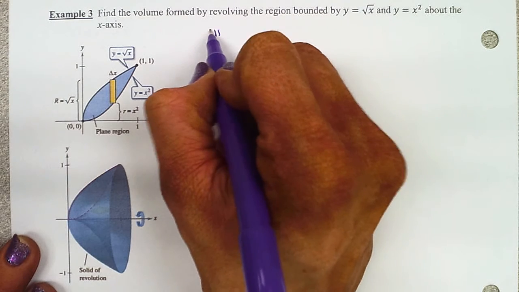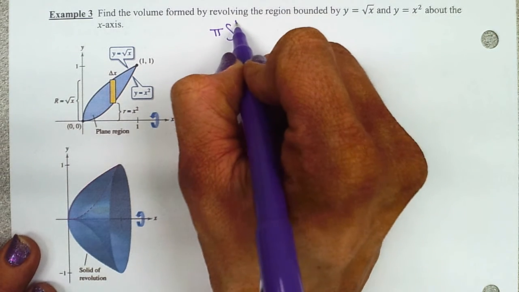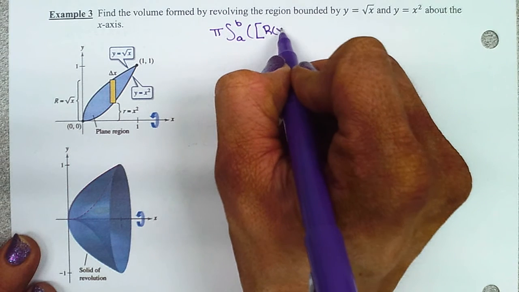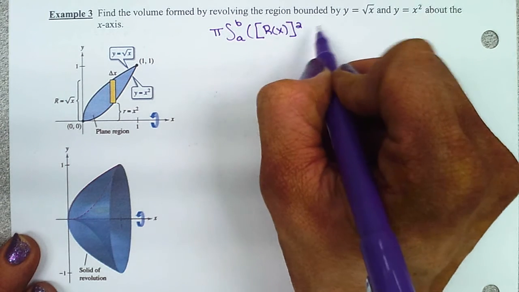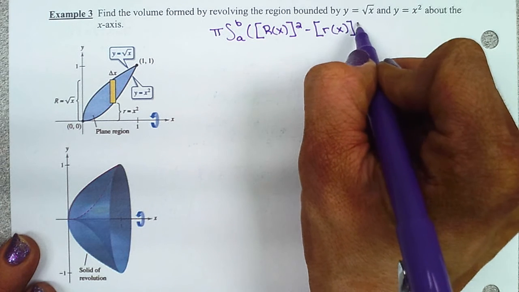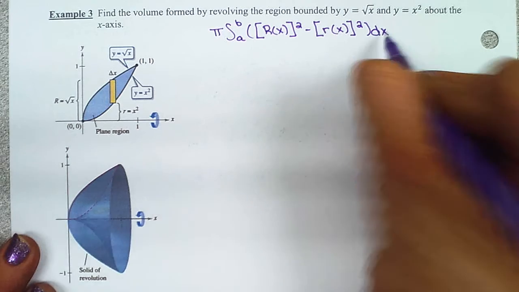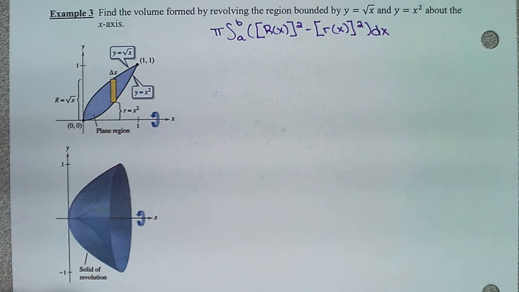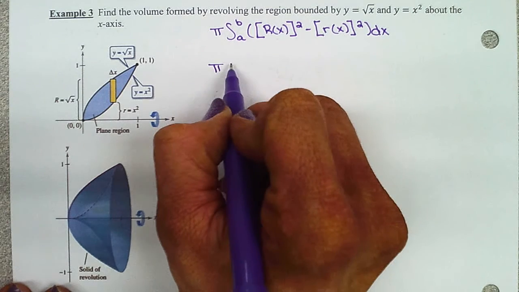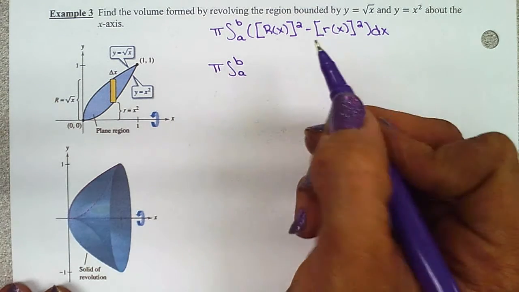So it's going to be pi times the integral from a to b of the big R of x, quantity squared, minus the little r of x, quantity squared, dx. So as for my big R of x and my little r of x, I go from a to b.